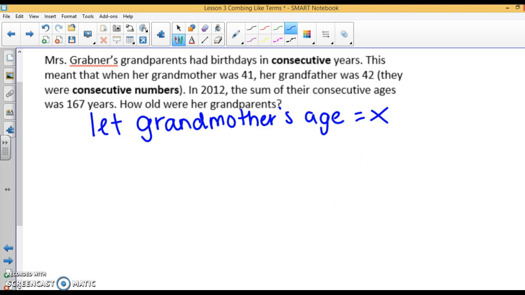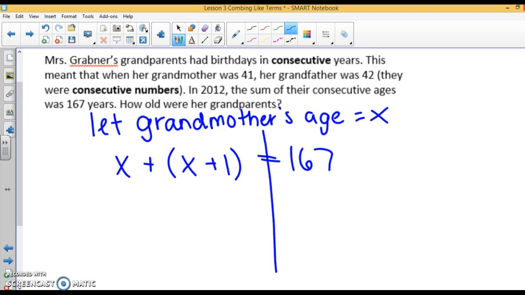Okay. So if her grandmother's x and her grandfather's age is consecutive, well, looking right here, it's just plus 1, right? So we can add her grandmother plus 1. So this is going to be her grandfather's age. And we know the sum of both of these will give us 167.